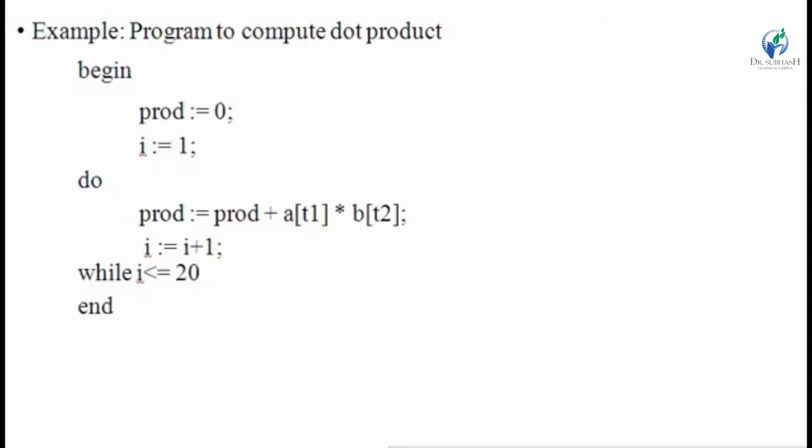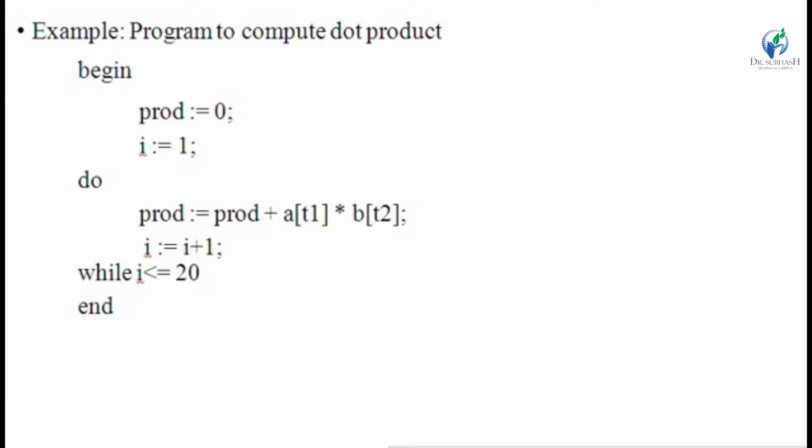Just start with begin, initialization of product and I, then do a while loop. So write do, then product is equal to product plus A of T1 into B of T2, and I is equal to I plus 1, while I less than or equal to 20. Then after that, end.